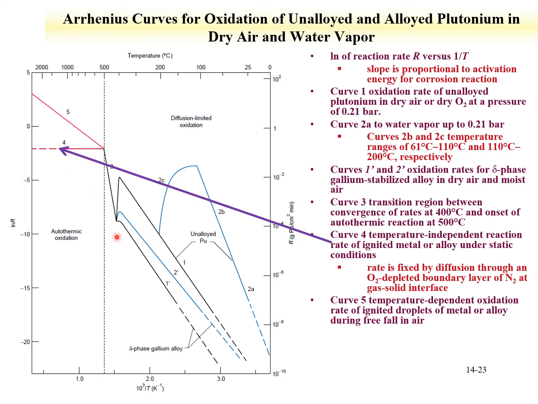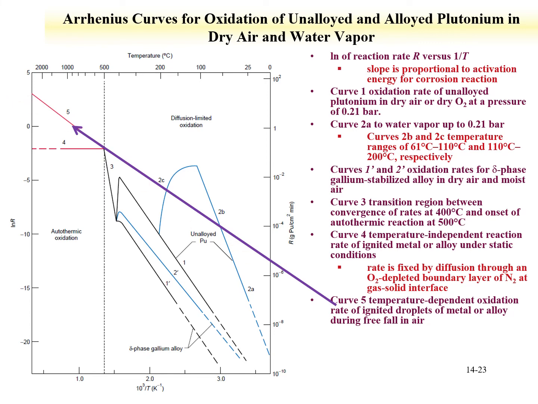As the temperature increases, the rate remains constant. And this is for the reaction of burning metal or alloys under static conditions. And then if we do an experiment where you'd have droplets of the metal or alloy that were burning during a free fall, you would actually increase the rate with temperature.